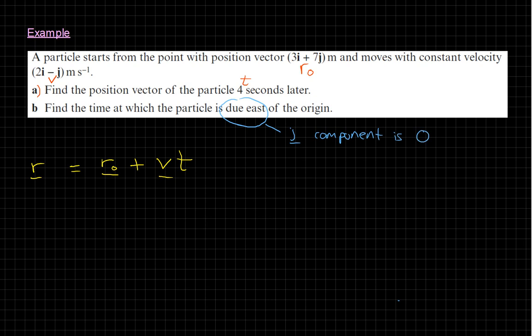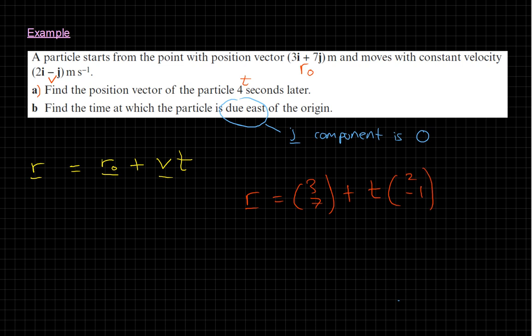So, at what time will the particle be due east of the origin? Okay. So what we're going to do now is say r is equal to, let's put again r0, 3, 7, plus, now I don't know what t is, so I'm just going to keep it as t, times the velocity 2, minus 1.